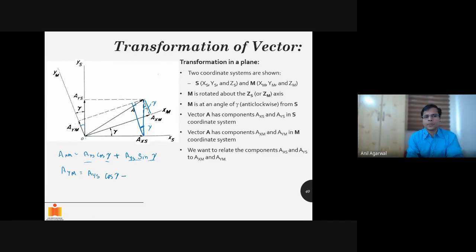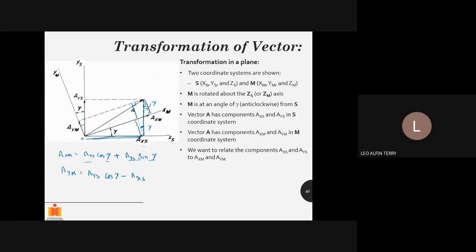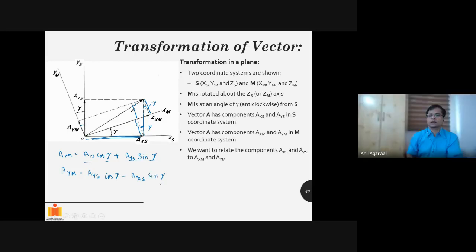AYS cos gamma. I've got the full length, but I don't want to include this portion. I only want this length, so I want to deduct this portion. How much is this portion? Can we calculate that from AXS? It is AXS sin gamma.